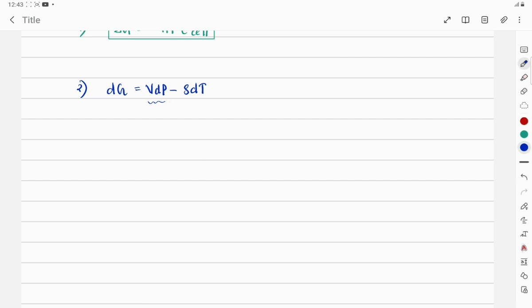So when is dP 0? Change in pressure will be 0 if pressure is a constant. So if I take constant pressure, I will get V dP is equal to 0. Therefore, dG is equal to minus S dT.